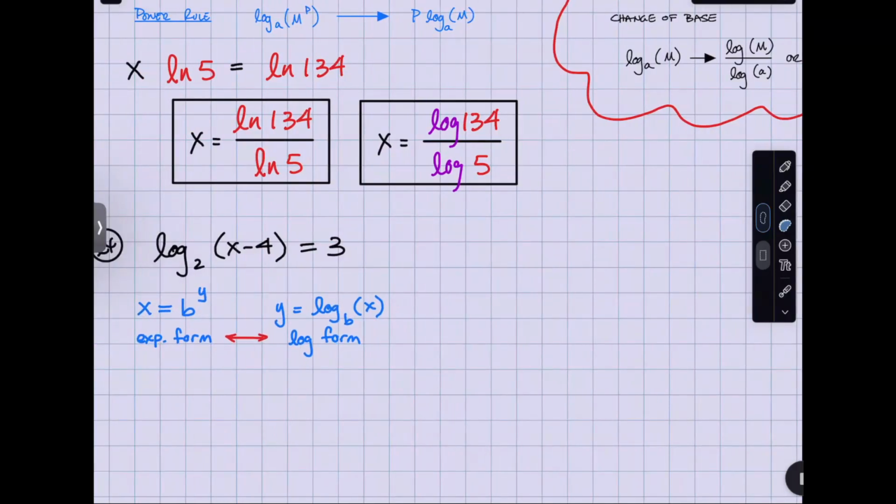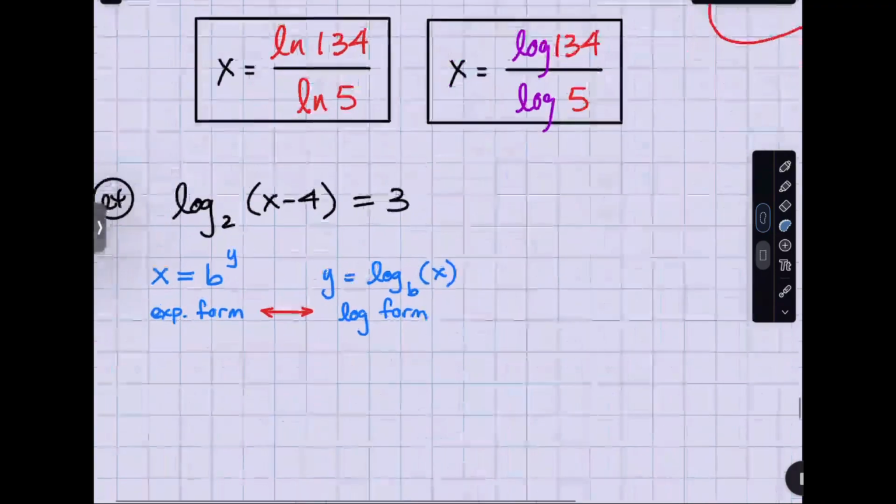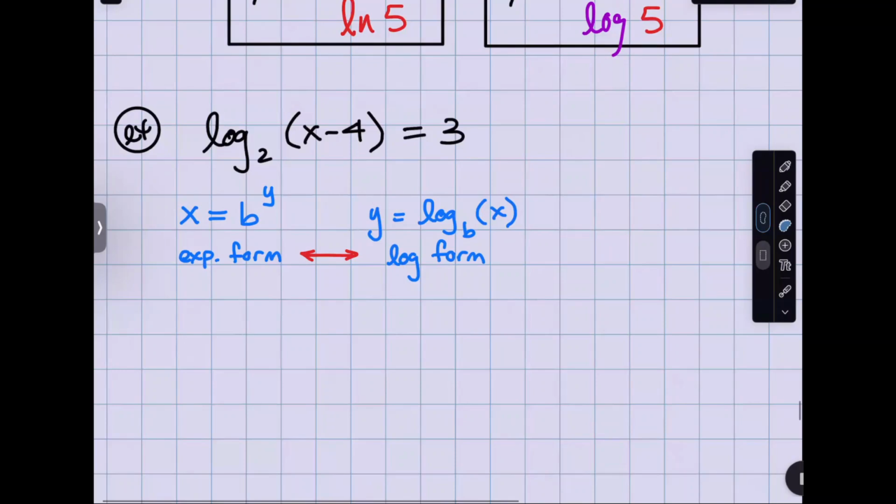So she's saying convert from log form to exponent form. Try it. Go. How good are we at converting from log form to exponent form or exponent form to log form? Try it. See what we get.